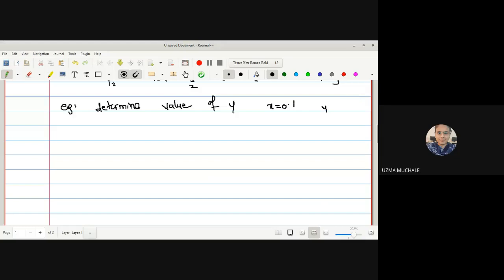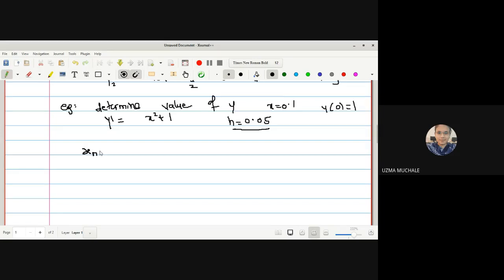Given that y of 0 is equal to 1, and the function given is y dash is equal to x square plus 1, by considering h is equal to 0.05. You have to find the value of y at x equal to 0.1, considering the value of h is 0.05. First, we will find where you will get 0.1.